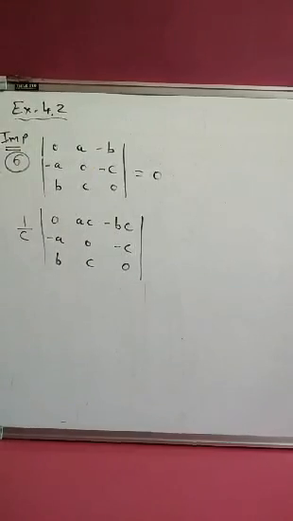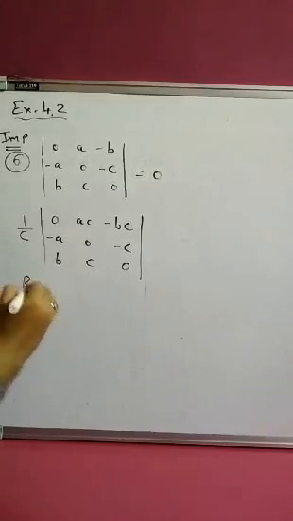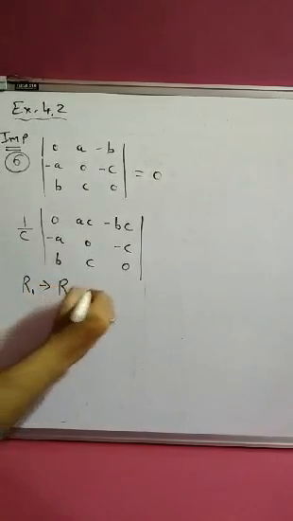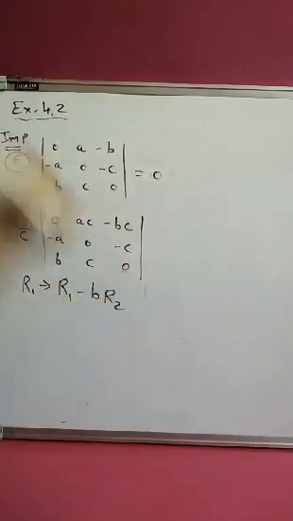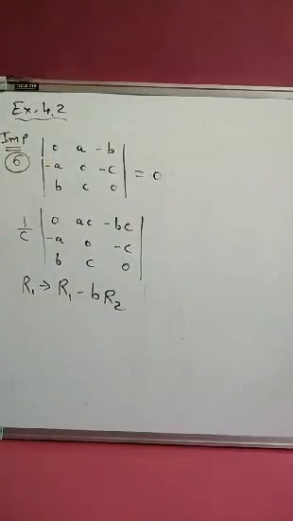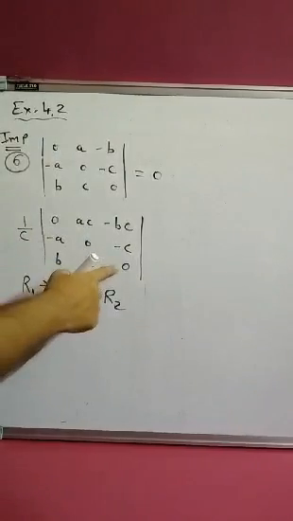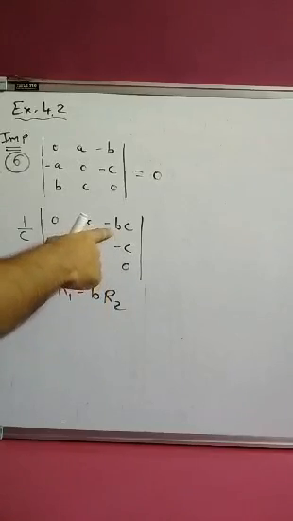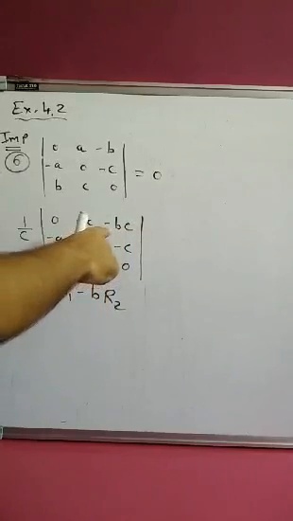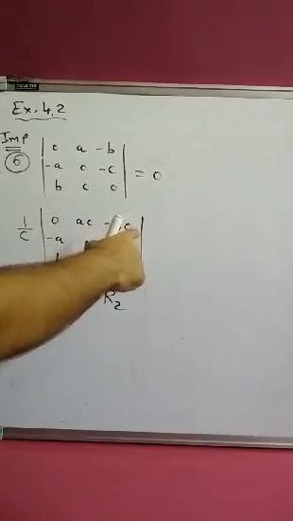Now after this step, I am going to make row 1 as row 1 minus B times row 2. Why? Because here this is 0, here we have minus BC, and we want to make it 0, so plus BC.